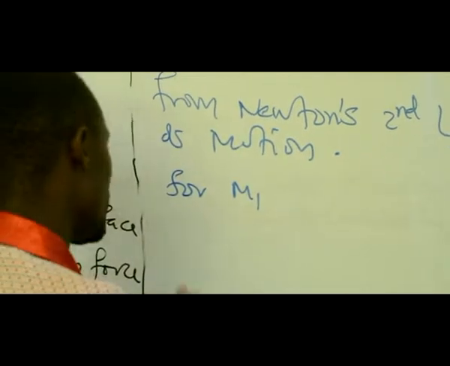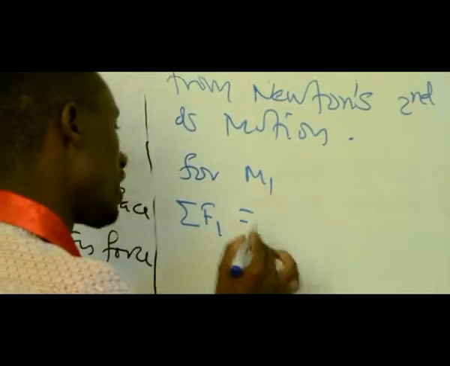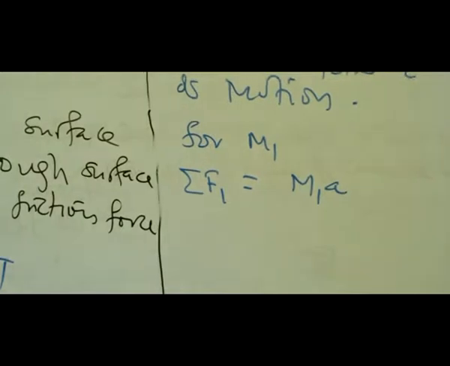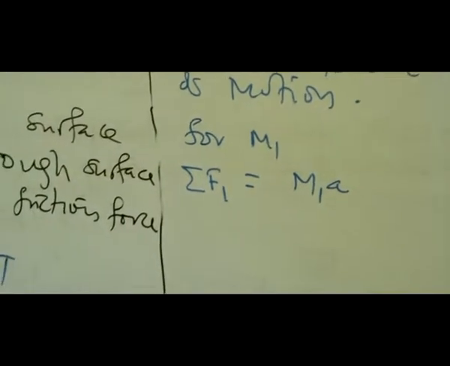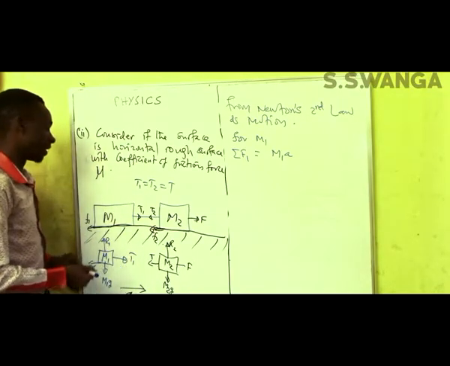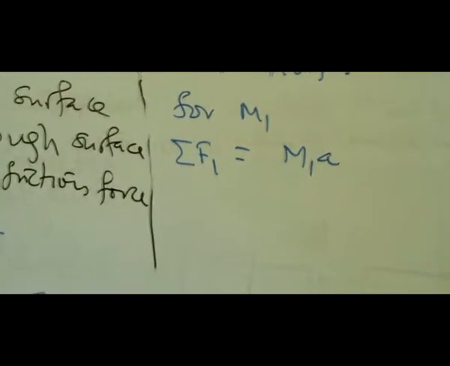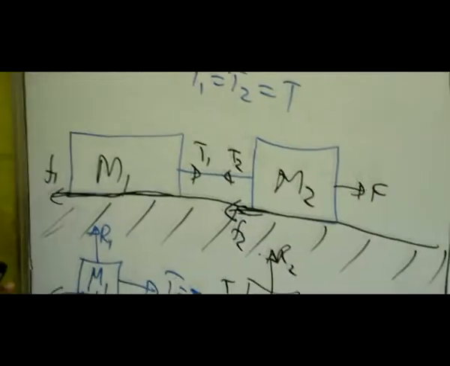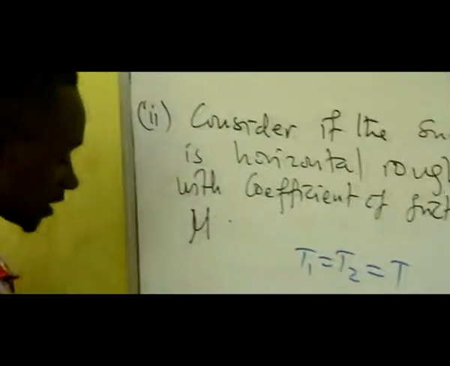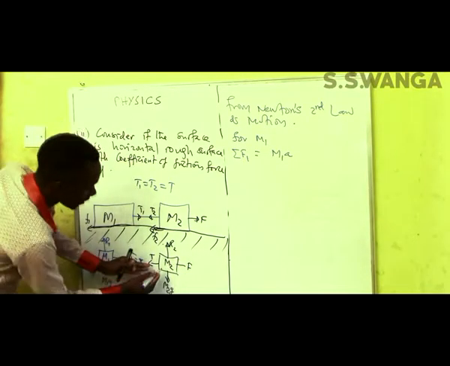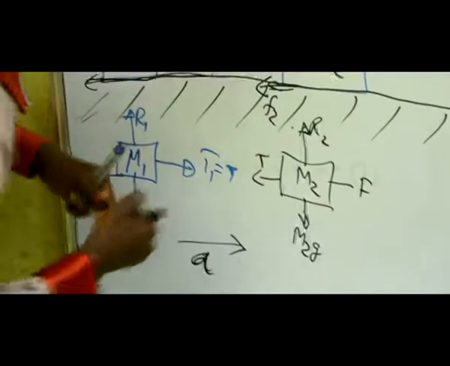Now for mass 1, the net force acting on mass 1 is given by mass 1 times acceleration according to Newton. Okay, the forces acting on mass 1 are tension T1, which can simply be written as tension T, and F1. Also, in mass 2, there is a friction force F2.